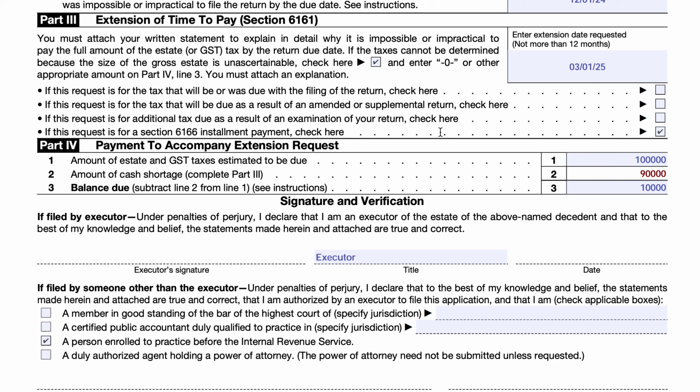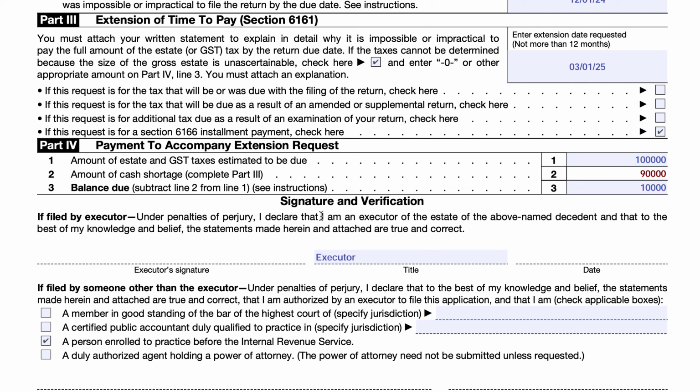So you have to balance that, use a little bit of judgment. Just understand that the IRS will highly encourage you and make sure that you feel the pressure to pay as much as you can, but you have to balance that with your fiduciary obligations.